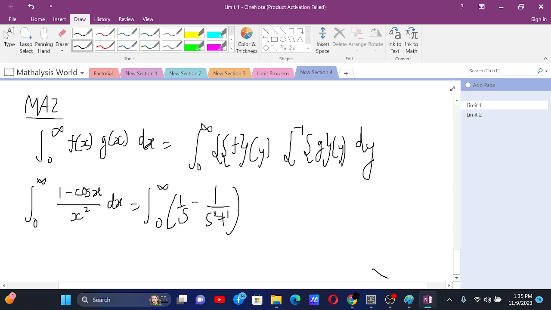So that will be 1 by s. Okay, so that is 1 by s, isn't it? So this was just gamma 2.